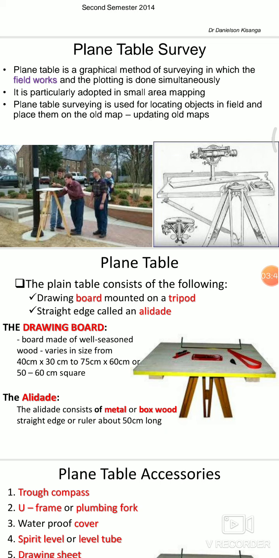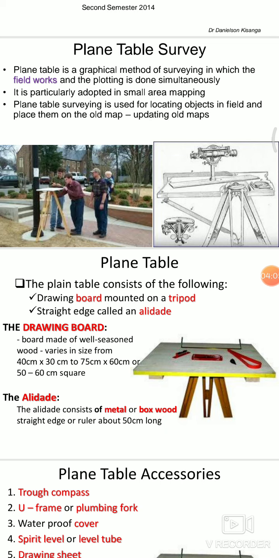For large scale surveys, the plane table is not suitable because the accessories used in the plane table survey have less accuracy. So the plane table survey is used for small area mapping. It is also used for locating objects in the field and placing them on an old map, or updating old maps.